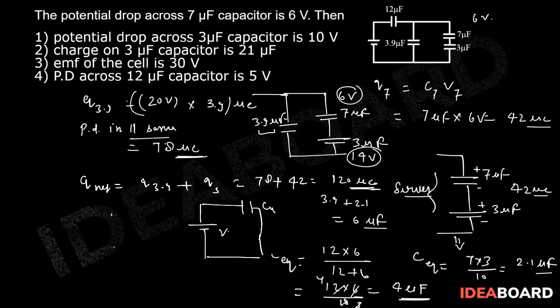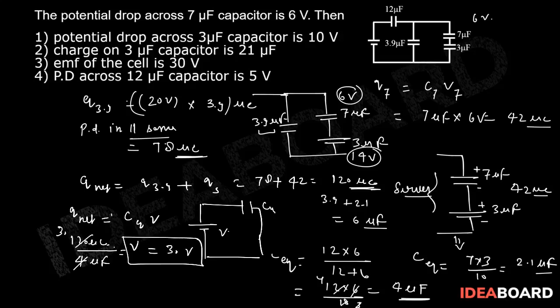Let's say the potential drop is V. Then Q net equals C equivalent into V. From there, V will be Q net, 120 microcoulomb, divided by 4 microfarad, which gives us 30. So 30 volts will be the value of the battery. So yes, we got another option, option C. So option C should be the right answer.